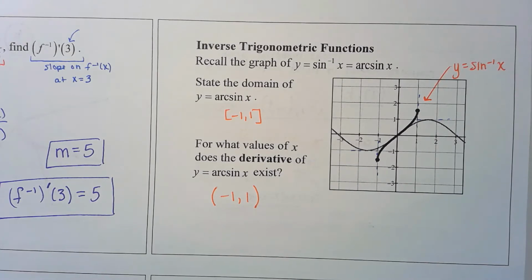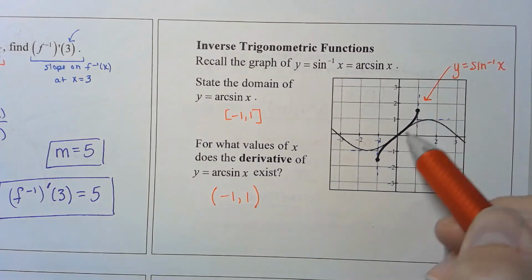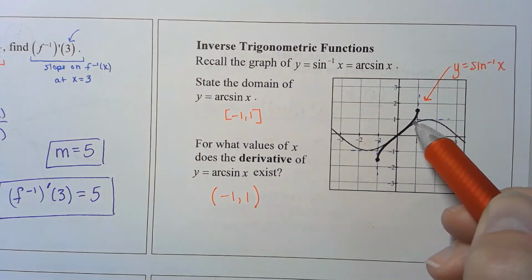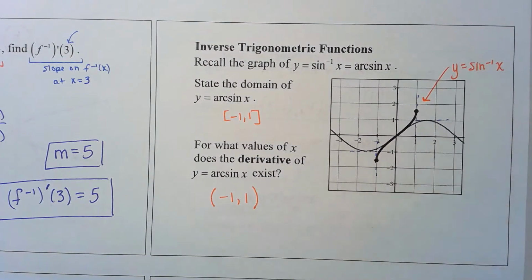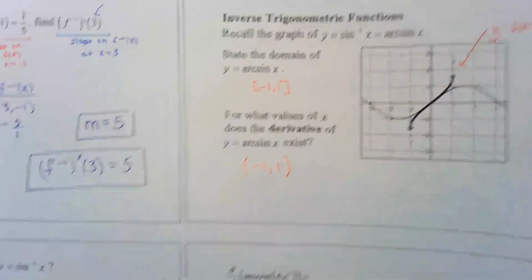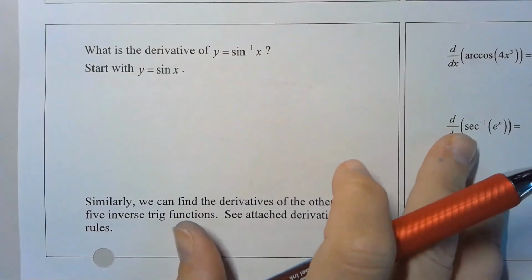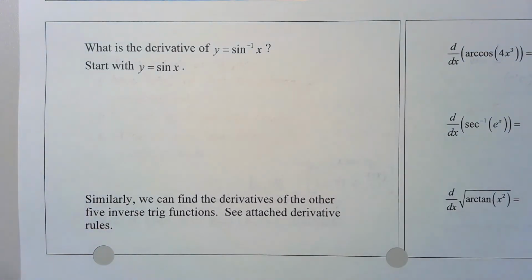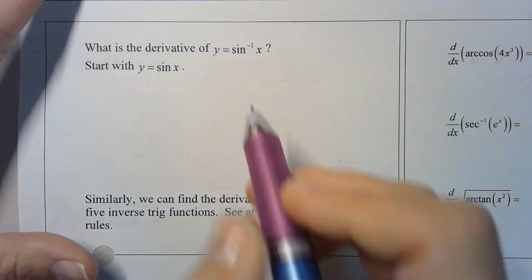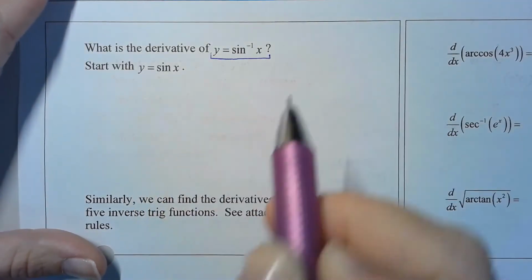Okay, here's the deal. Let's say I want the slope on the inverse at 1/2 or 0.7 or -1/3. Our goal today for the rest of our notes is to find the rule. What is the derivative of inverse sine of x?